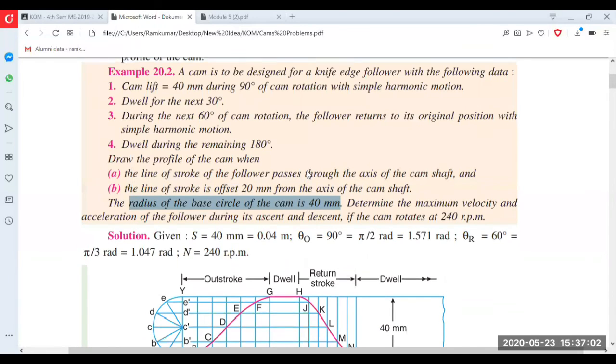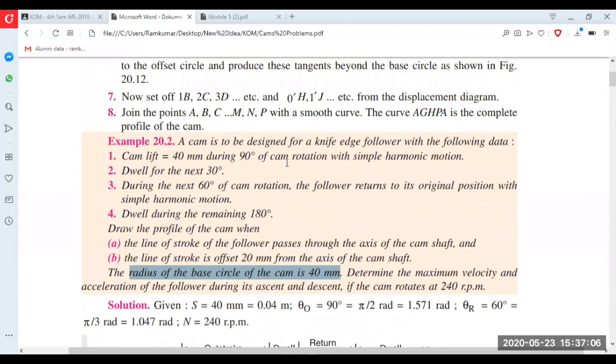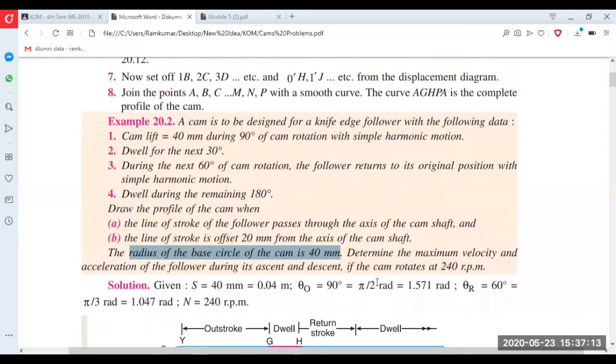Here the cam rotates at 240 rpm. If clockwise rotation is given, we have to take the angle measurement in the anti-clockwise sense. If anti-clockwise rotation is given, then we take the measurement in the clockwise sense.